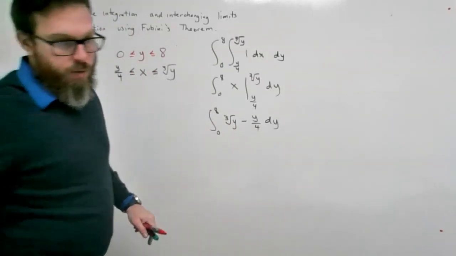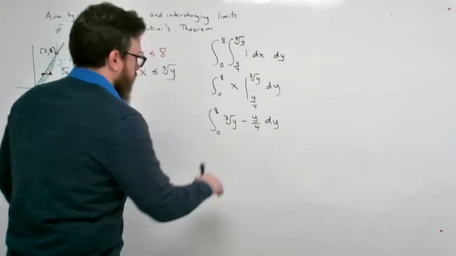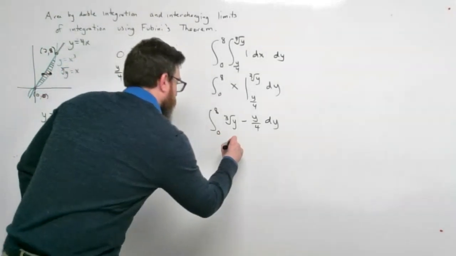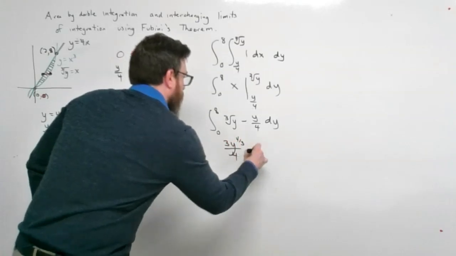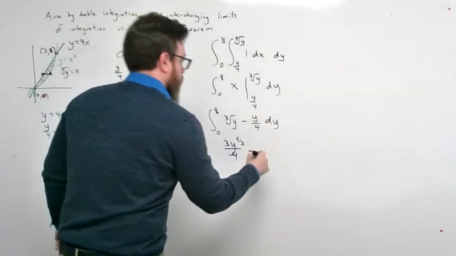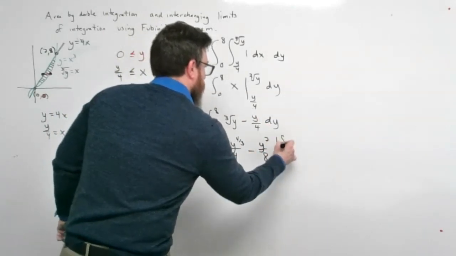And finding the antiderivative, this is y to the 1/3, so adding 1 we get y to the 4/3 times 3/4, minus y squared over 2, so this will be y squared over 8, evaluated from 0 to 8.